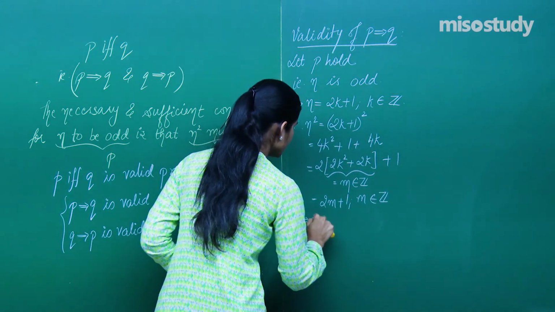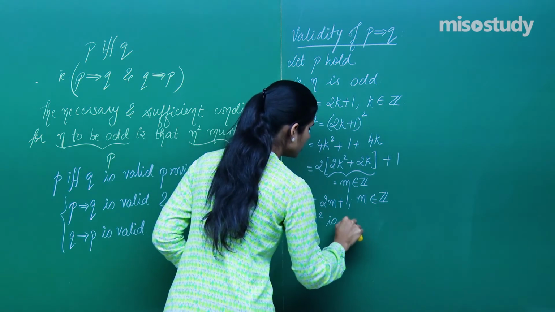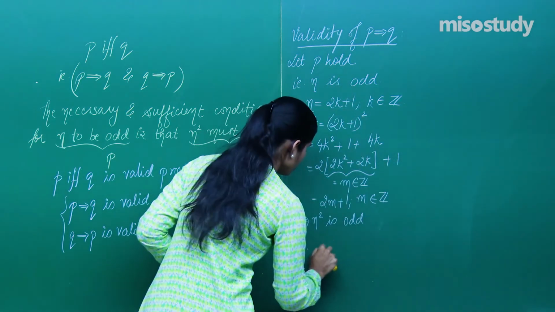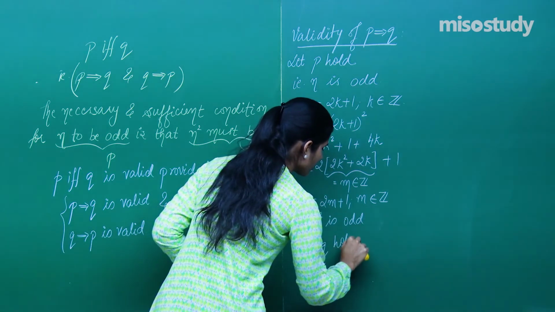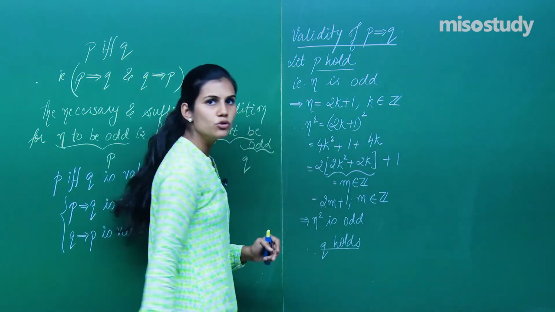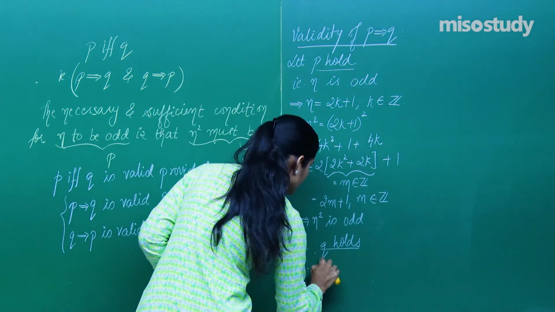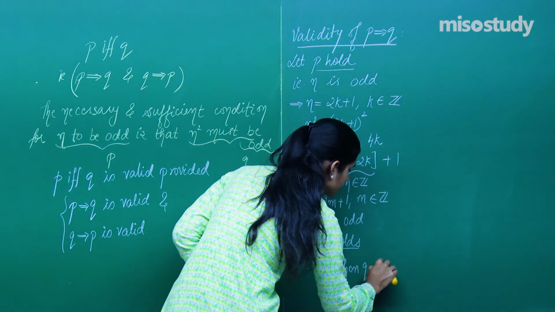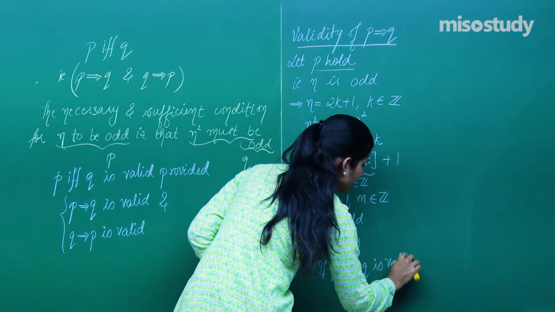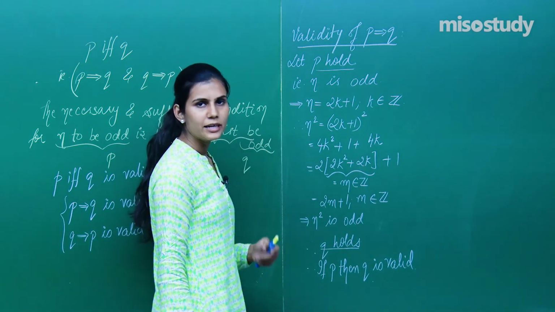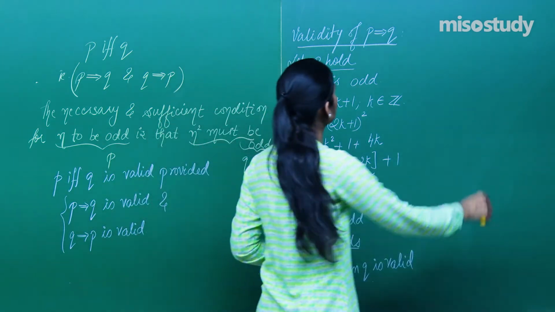This implies n square is odd, but n square is odd is statement Q. So therefore Q holds. When I have assumed P is holding, I have got the conclusion that Q is holding. That means if P then Q is valid. Now if Q then P also turns out to be valid, I will just write that P if and only if Q is valid.